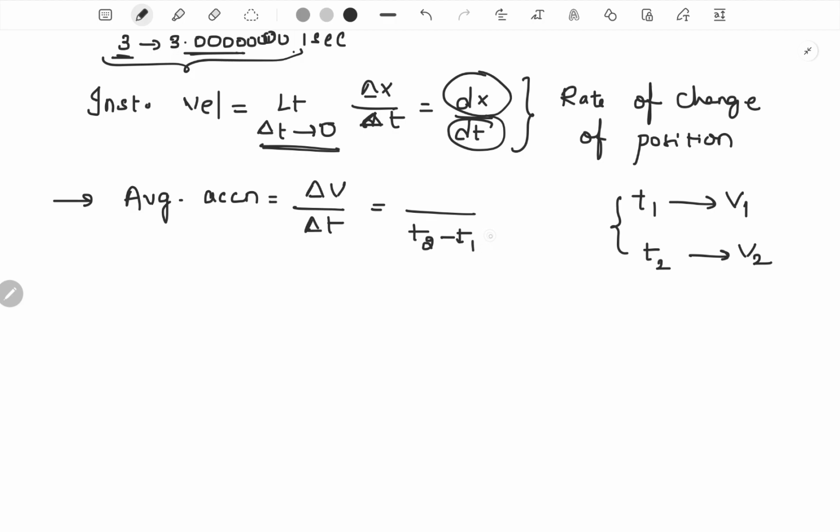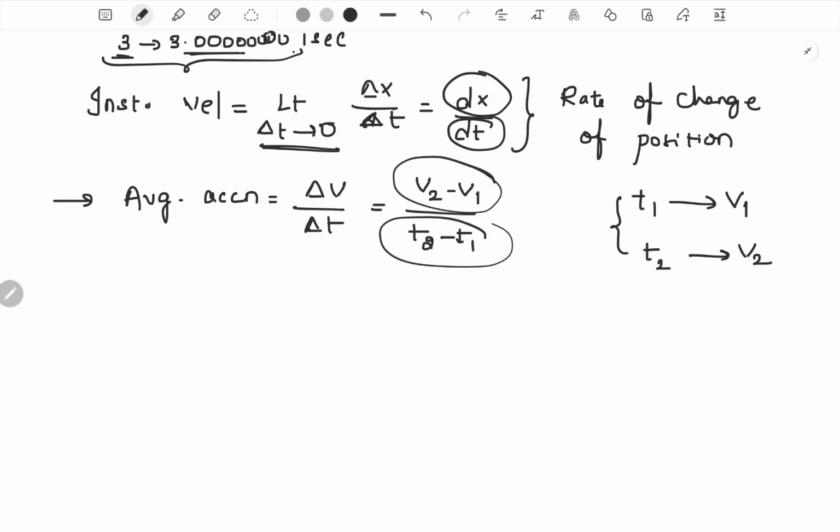During that interval the velocity changes from v1 to v2. Then average acceleration would be v2 minus v1 divided by t2 minus t1. The velocity could change in any random way, but what we are interested in is that this relation gives us the value of some constant acceleration which would change the velocity of the body by the same value in the same interval of time.